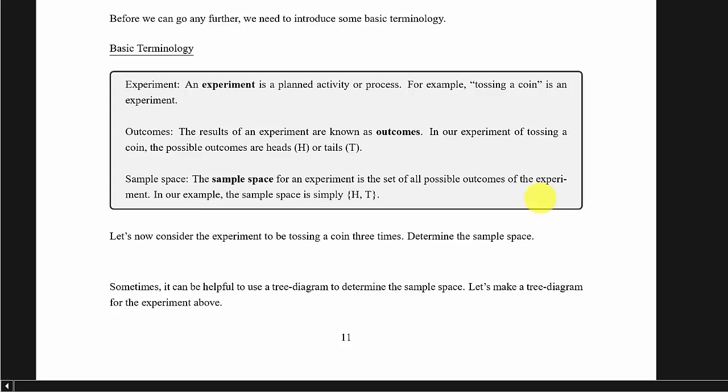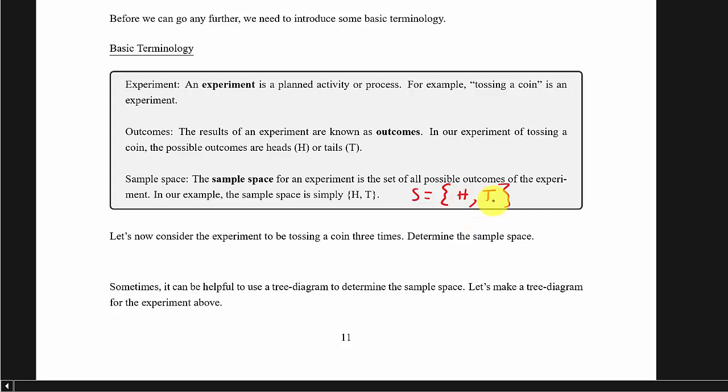Then the sample space for an experiment is the set of all possible outcomes of the experiment. So in the example of flipping the coin one time, all of the possible outcomes that we can have is we can have a heads or we can have tails. So in this case, the sample space would be HT, heads or tails.